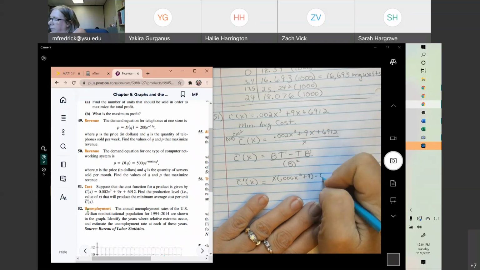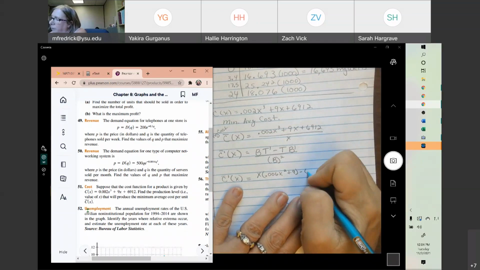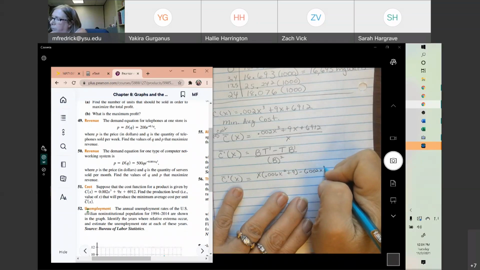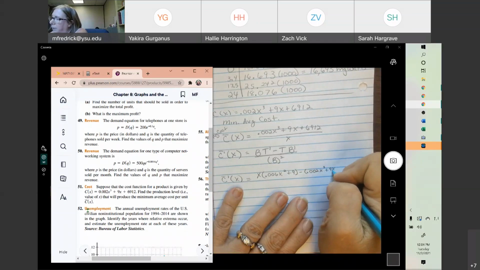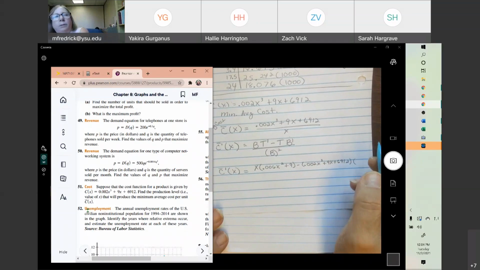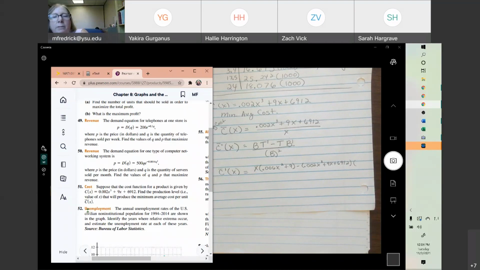Minus the top, 0.002x cubed plus 9x plus 6912 times the derivative of the bottom. What's the derivative of x? Anyone?